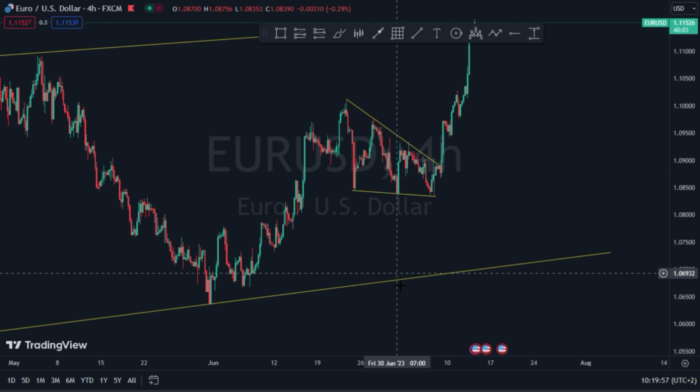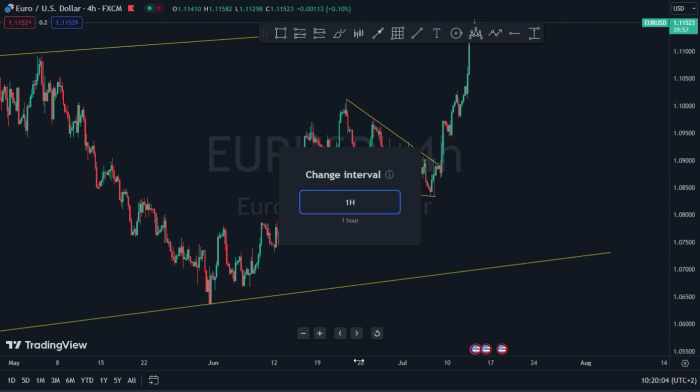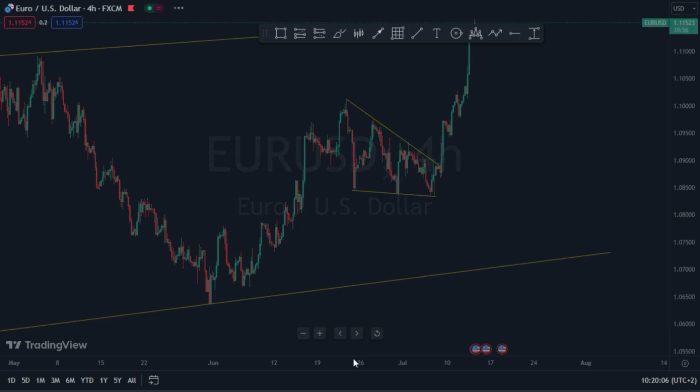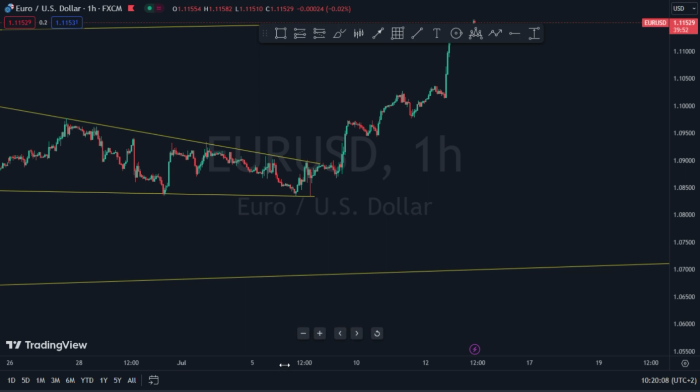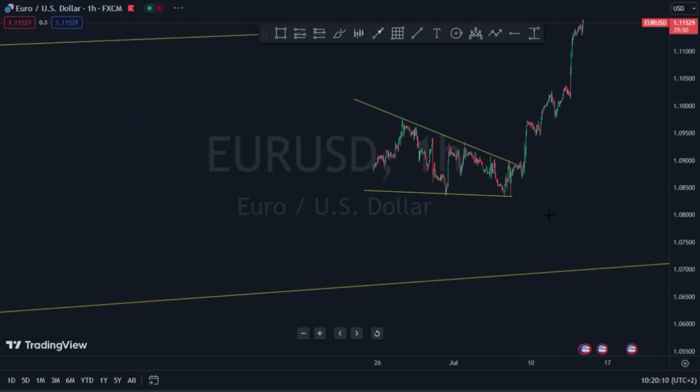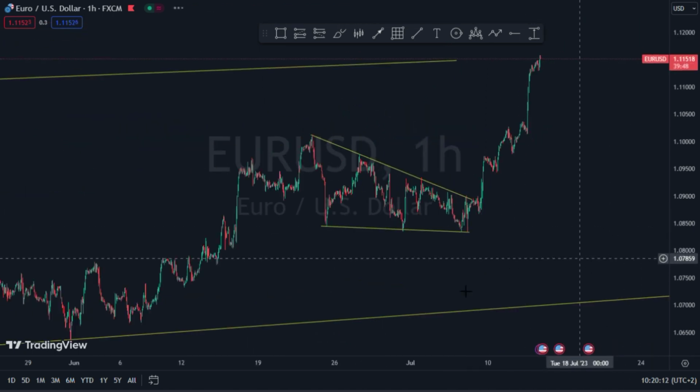Now what I want to do is to move onto the lower time frame, which in this case is going to be the 1 hour time frame. So when I get onto this 1 hour time frame, we all can see how the market is moving.